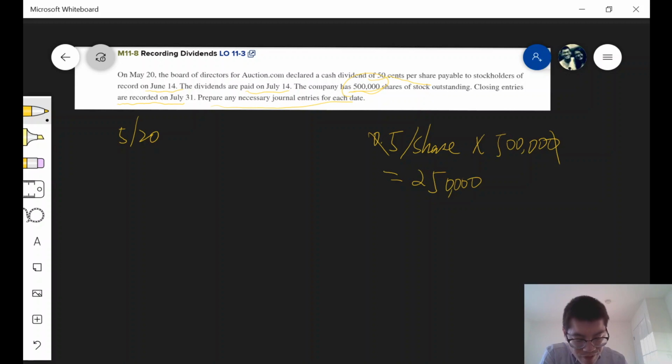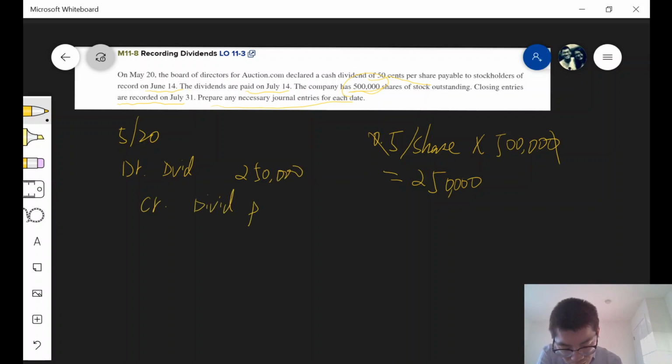That will be $250,000, right? Then we record a debit to dividends for $250,000 and a credit to dividends payable for the same amount.